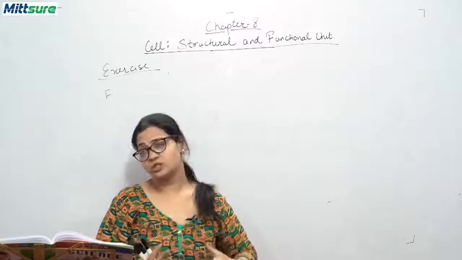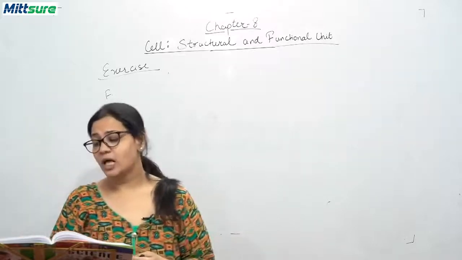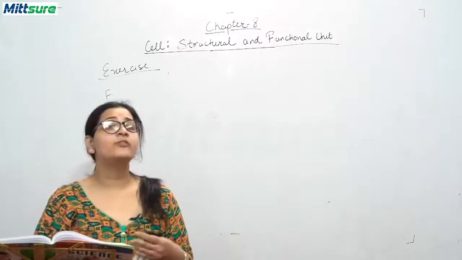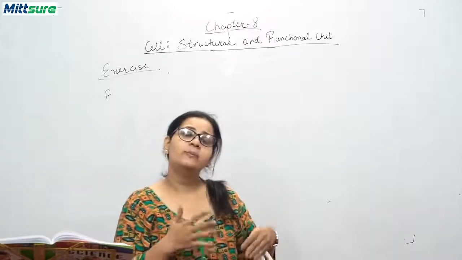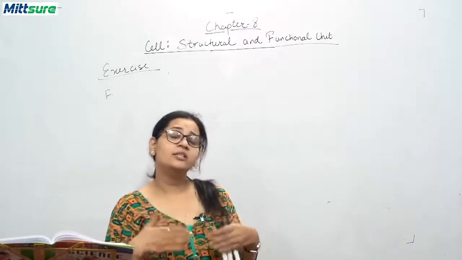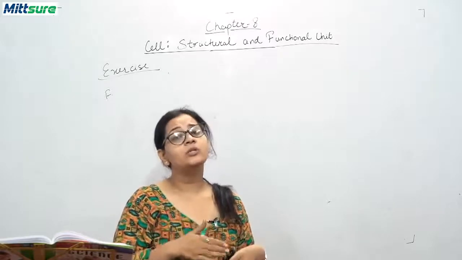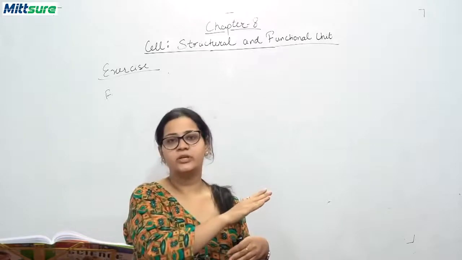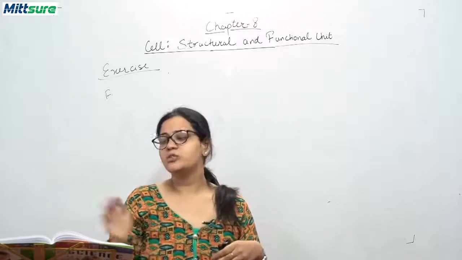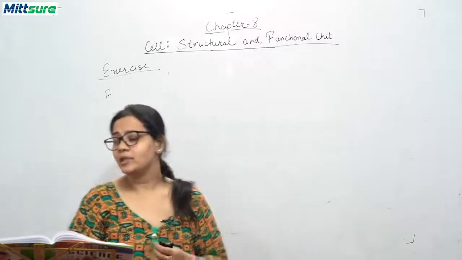The second question is, how does a plant cell differ from an animal cell? Now you will be writing the difference between plant cells and animal cells, and this difference is given in your books. A table is given in your books, so you can just read out the table and write the difference.